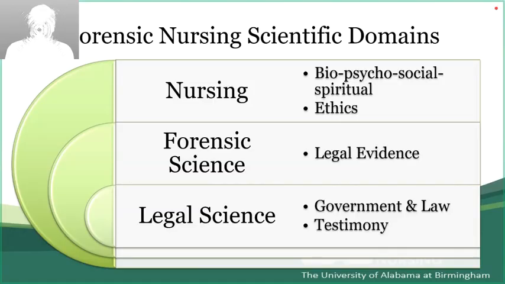It also addresses the privacy, respect, and dignity that is afforded by the forensic nurse to that person that they're treating. So if you can see, while it's diffuse, the elements of forensic nursing practice, again, include nursing, forensic, and legal sciences.